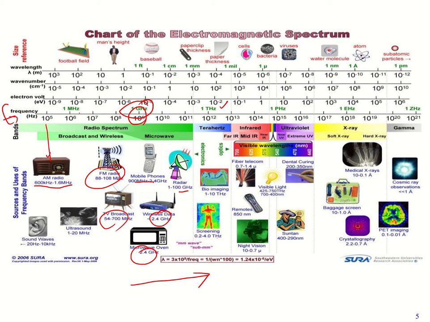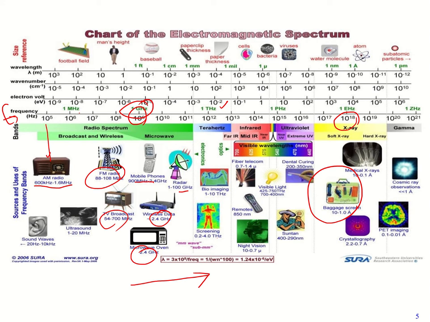X-rays are usually at 10 to the power 18 hertz, very high frequency. Baggage screening at airports is also done at very high frequency. So for the different applications, they have defined different frequency ranges so that each application can perform its operation appropriately without interfering with the others.